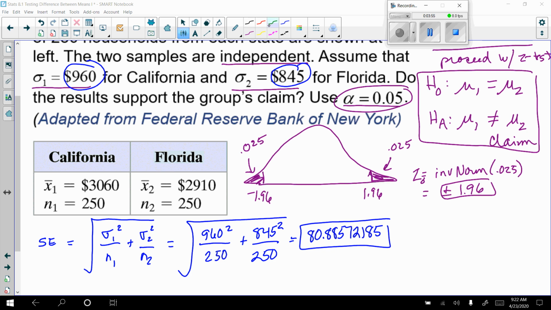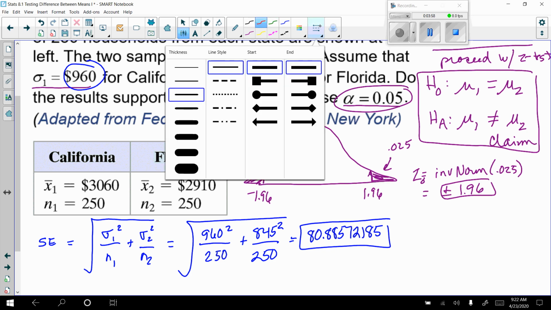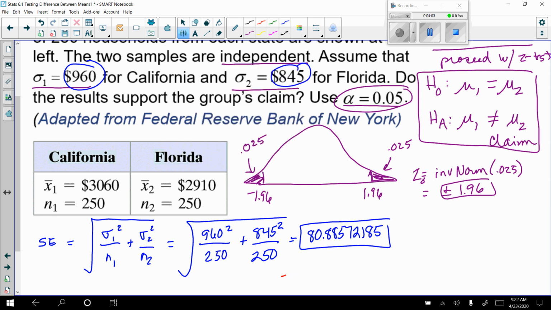Now that we have our standard error, we can calculate the z value. So z is going to be equal to the mean of the first group minus the mean of the second group, minus the difference of the population means. And remember, for every one of these problems, we assume that this equals 0.